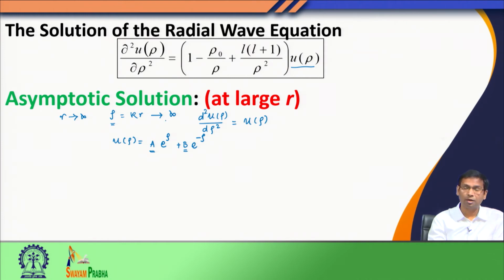Now, before we carry forward our discussion, let us consider first the case when E is greater than or equal to 0, that means E is positive. If you remember, this k is defined as the square root of minus 2 mu E divided by h bar, and rho is r into k.